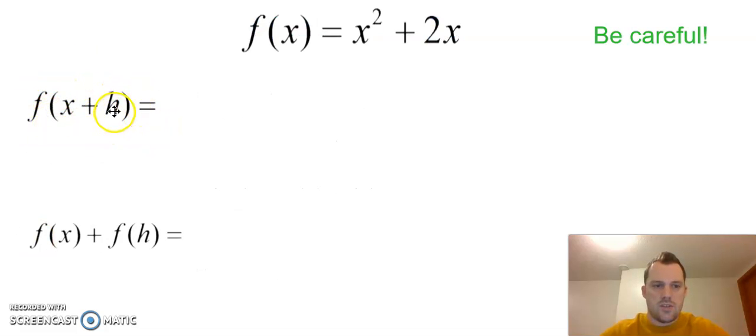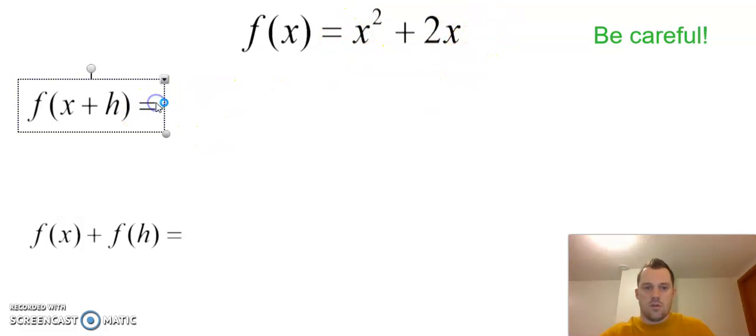x plus h is the input. So we only have one function here, f. It's actually the input where there's a sum. So this x plus h simply becomes our input into our f function.